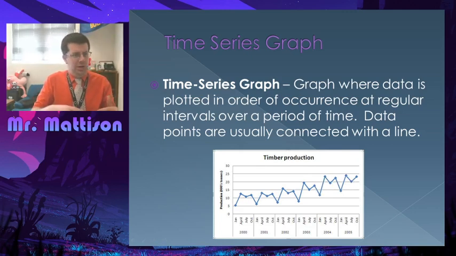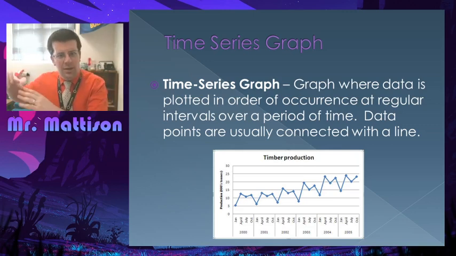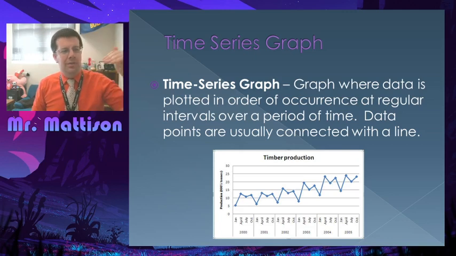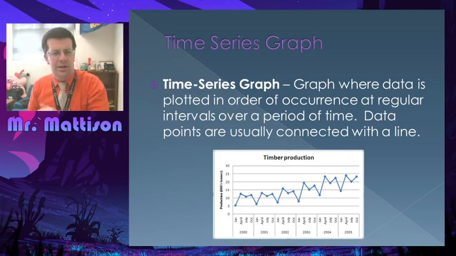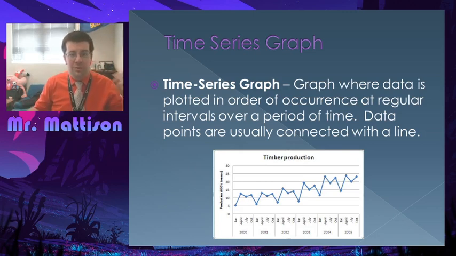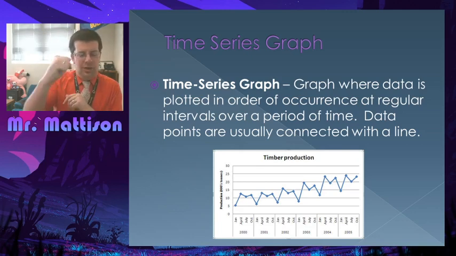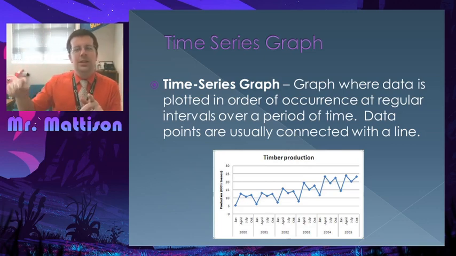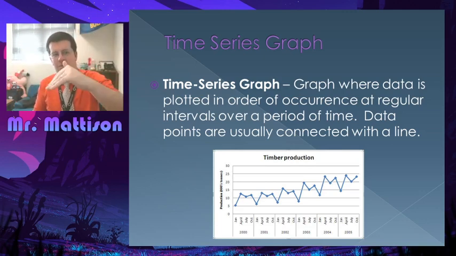I see a trend of one, it's gradually going up, but two, I see that trend of, hey, in January that production level drops every year, which kind of makes sense because it's a little bit harder to harvest wood in the winter, right? So we typically draw these with points at the place where it is being marked, and then we draw a line from point to point to kind of show the change of what leads where.